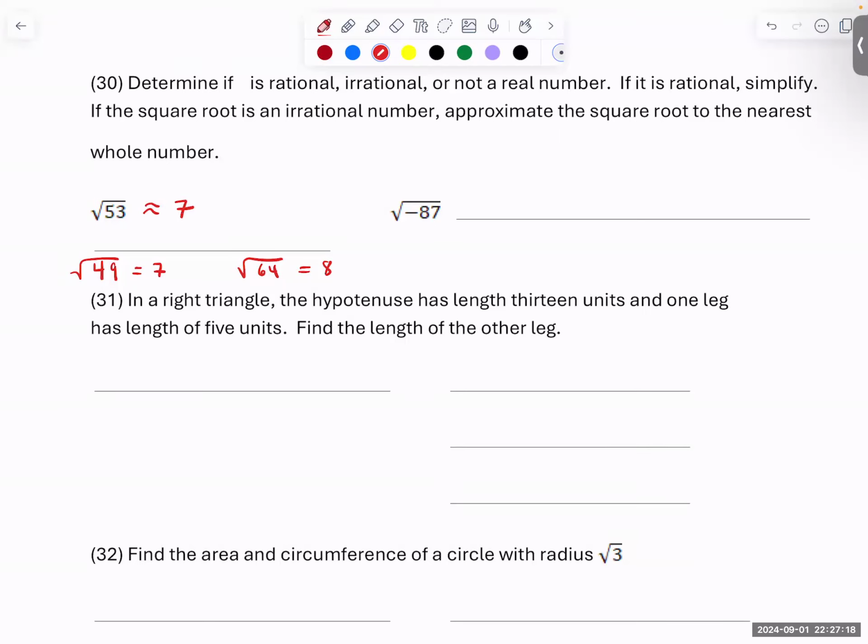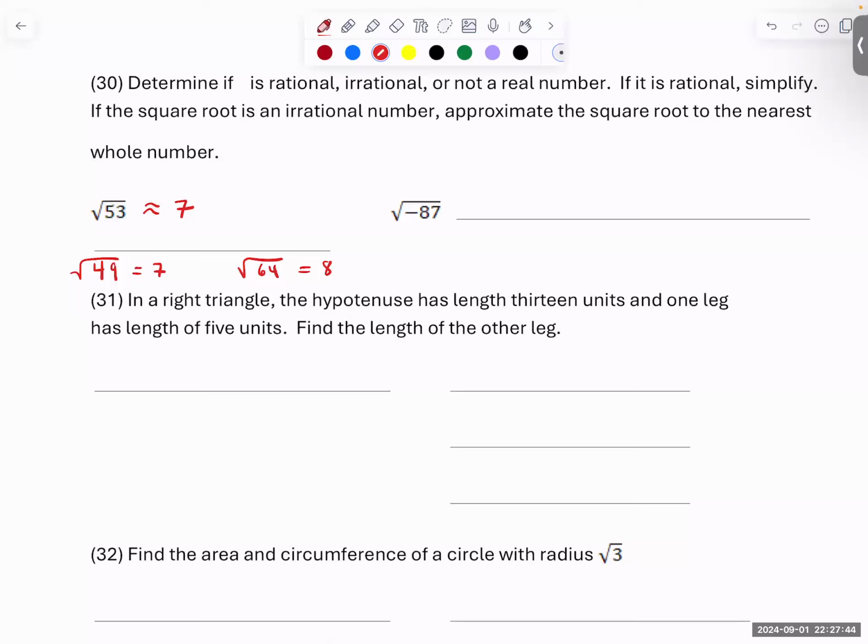A principal square root is a non-negative number, a number that's positive or 0. And the principal square root is such that when you square the square root, it equals the radicand. But for the square root of negative 87, there is no real number that you can square and have it equal negative 87.